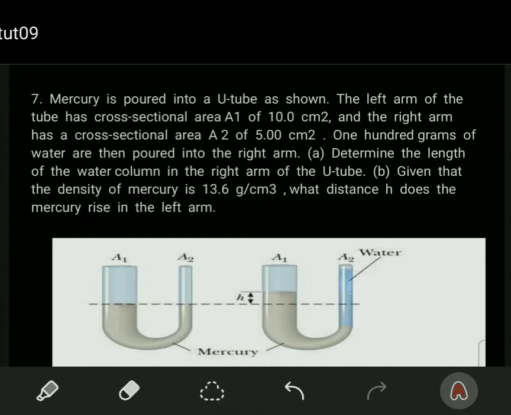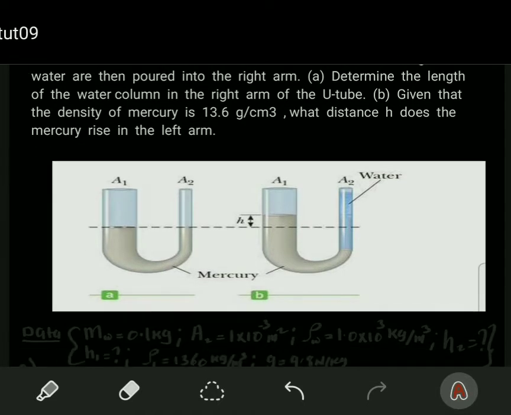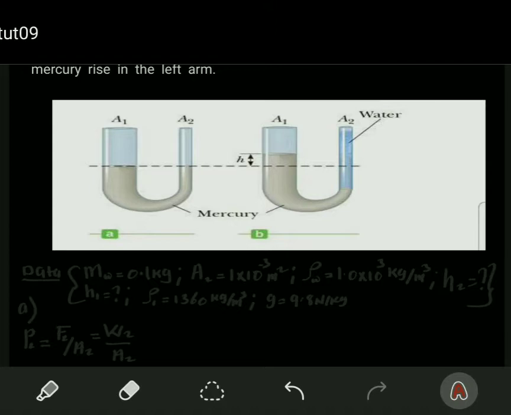So here, let us first determine the length of the water column after pouring 100 grams of water into the right column. The first thing to take note of are the surface areas, which are given in square centimeters.